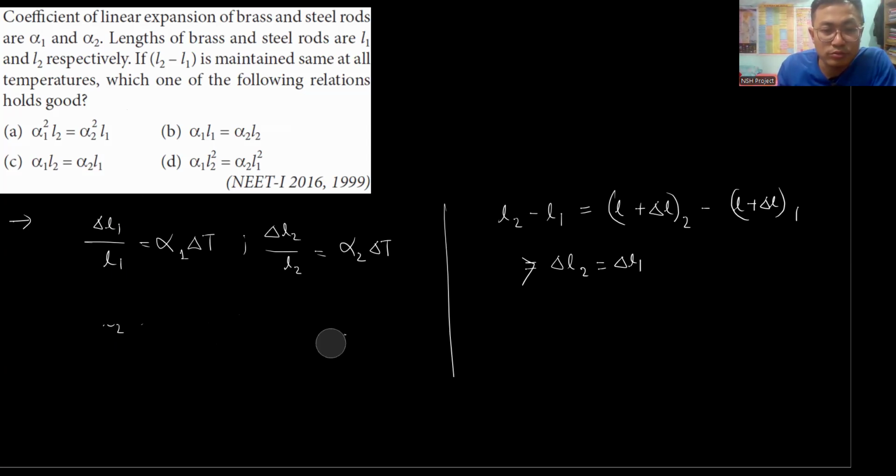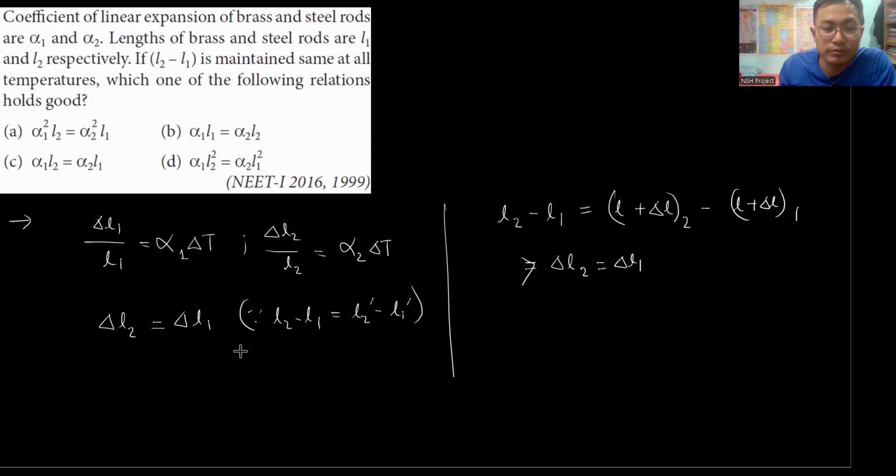Delta L2 should be equal to delta L1. This is given, so you may write given. L2 minus L1 is equal to L2 dash minus L1 dash.